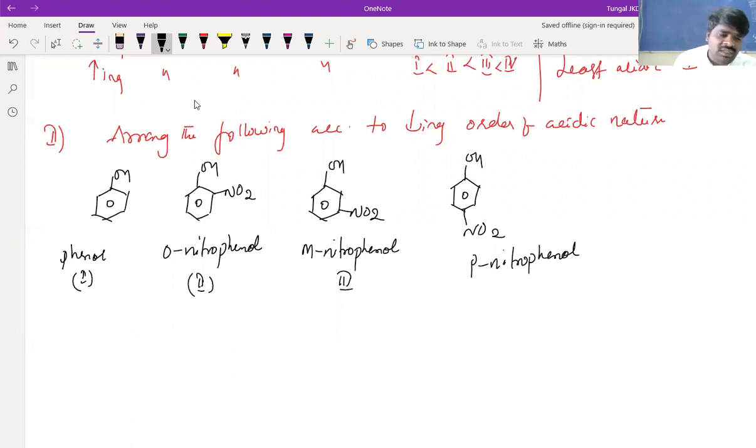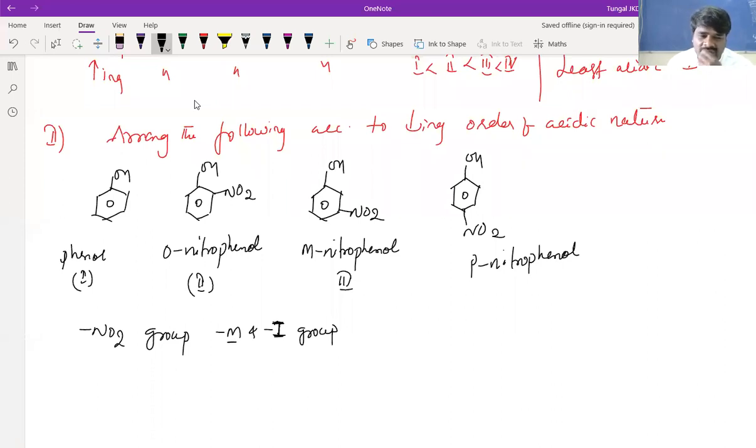Basically, this nitro group, NO2, is a -M as well as -I group. With respect to the mesomeric effect, it is an electron withdrawing group. With respect to the inductive effect also, it is an electron withdrawing group. Don't ask me what the mesomeric effect and inductive effect are, because I can't explain them in a single sentence or even in 5 or 10 minutes.